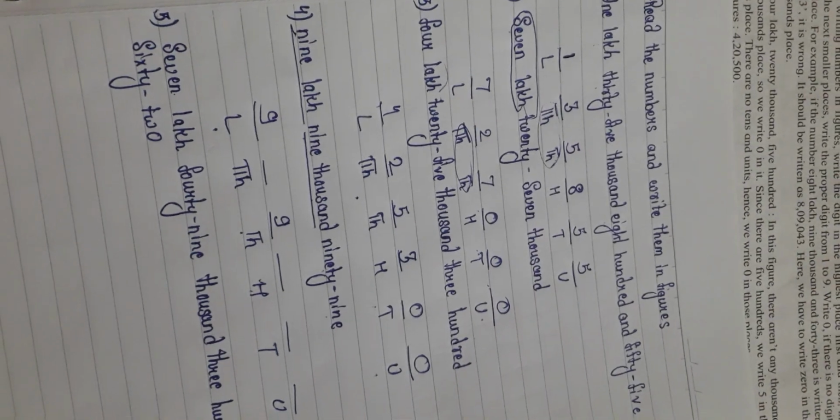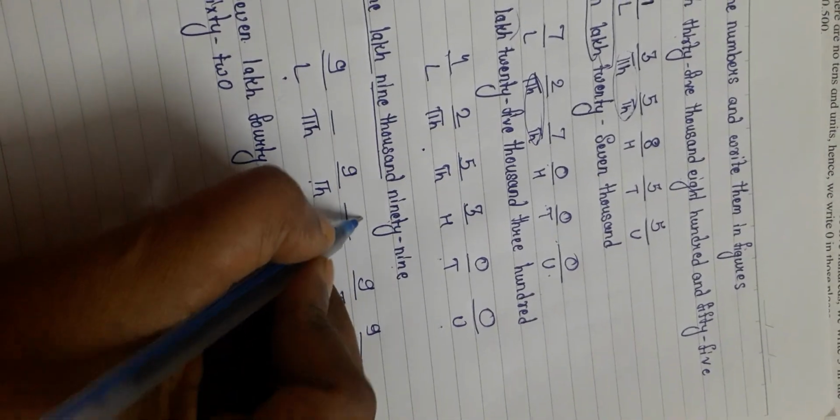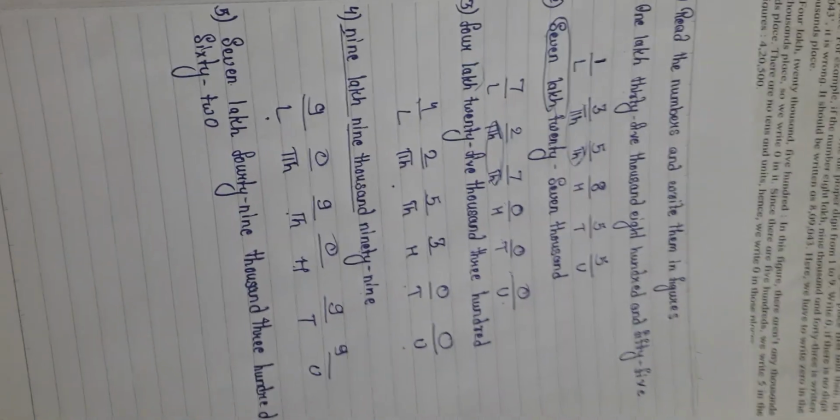They didn't inform about the hundred place and ten thousand place, so what we'll do here is write 99 and the remaining place values with 0.